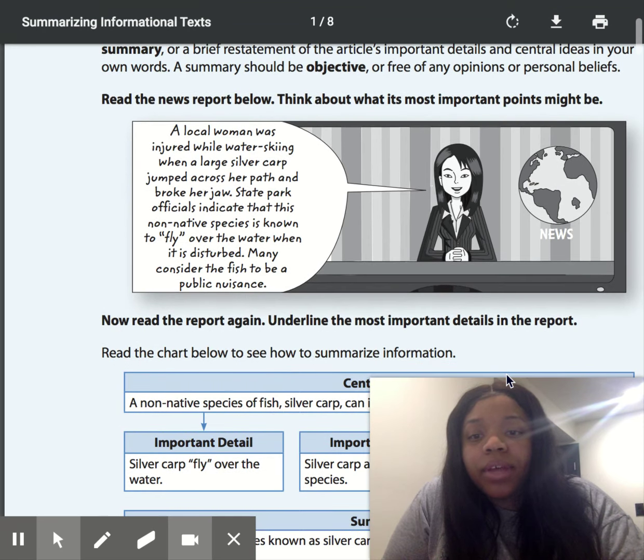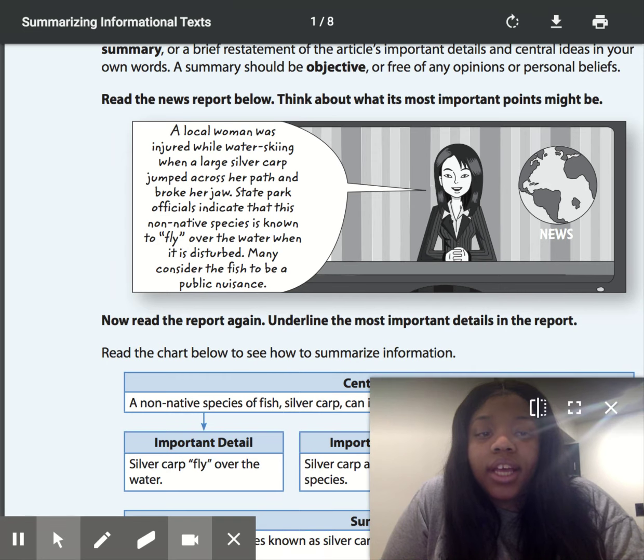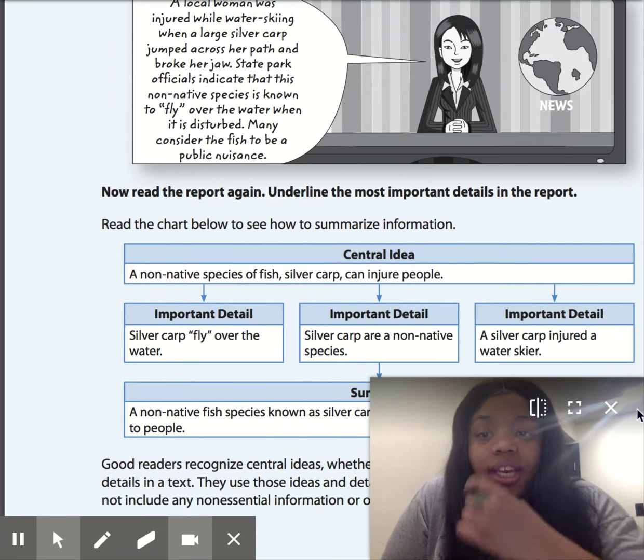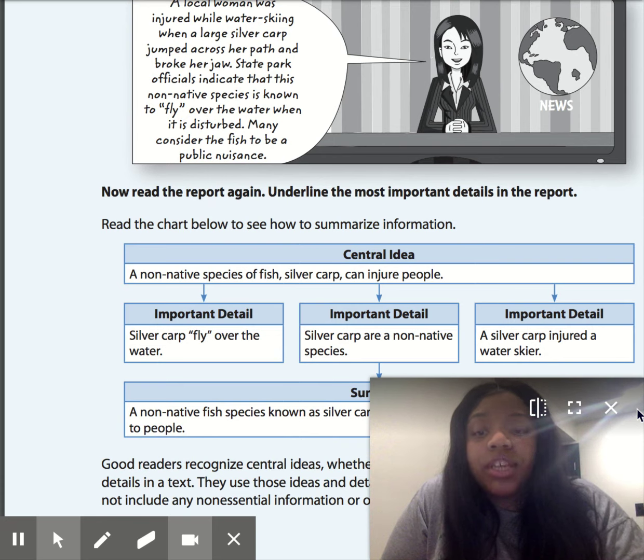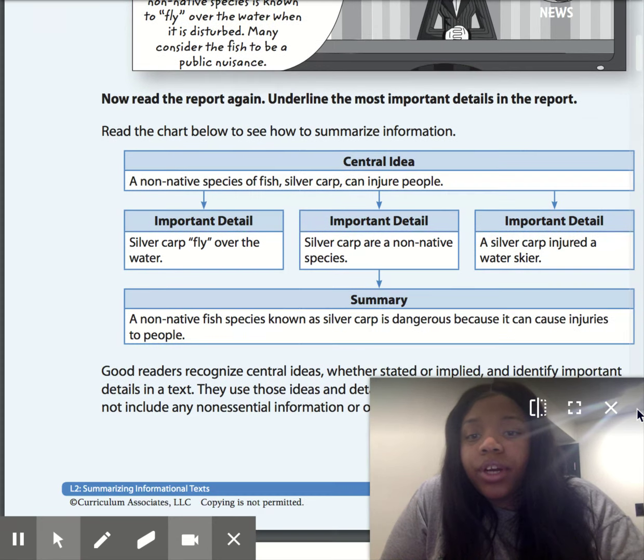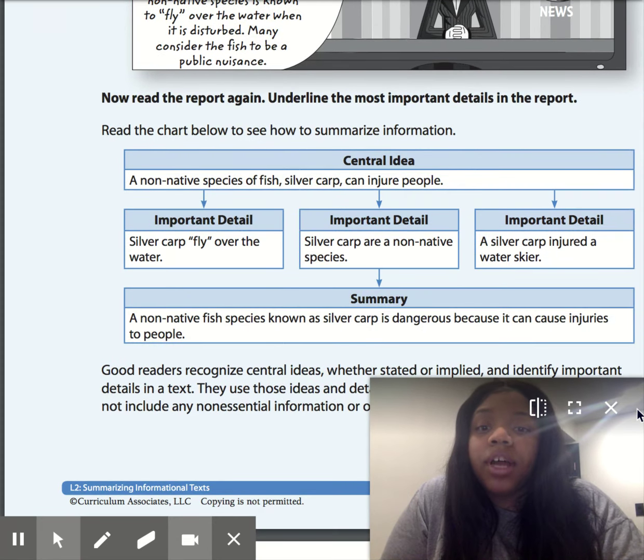So just by this, we're going to go ahead and walk through the answers that they gave us. They said that the central idea is that a non-native species of fish, silver carp, can injure people. One of the important details was silver carp fly over the water. The second important detail was silver carps are a non-native species. The third one is silver carp injured a water skier. Yes?